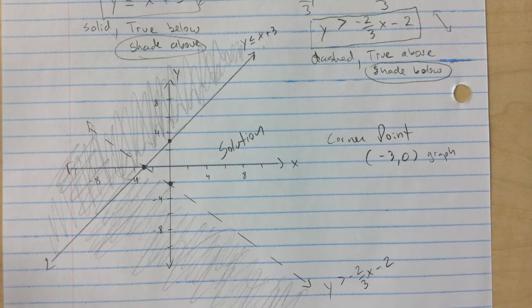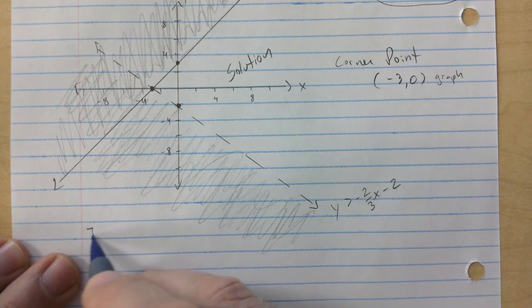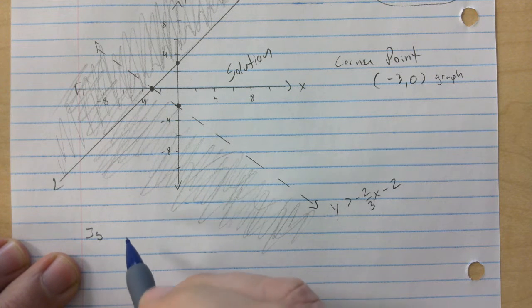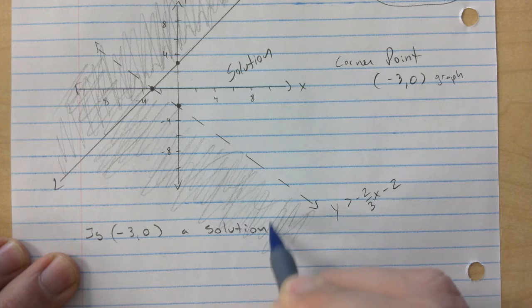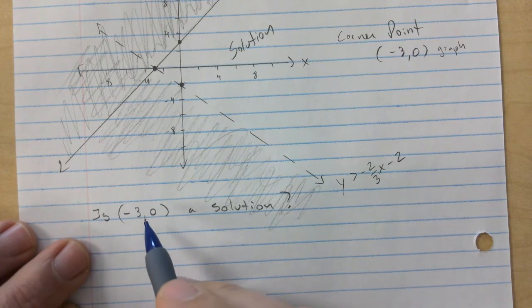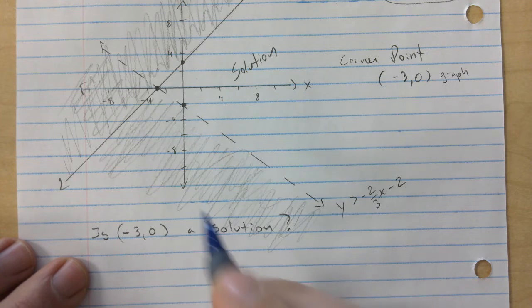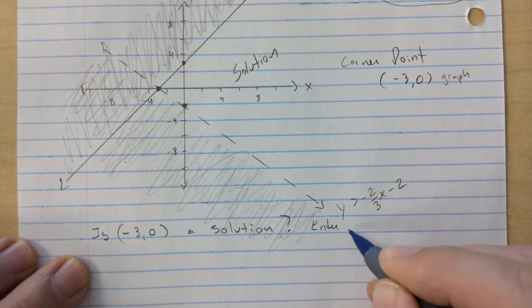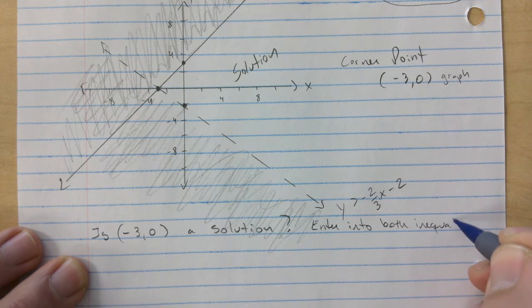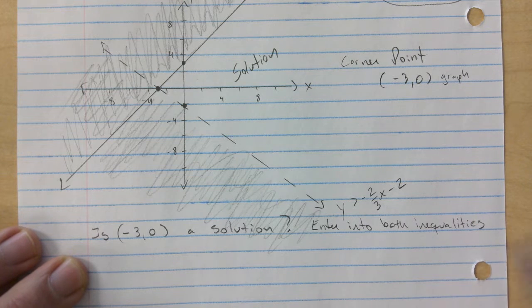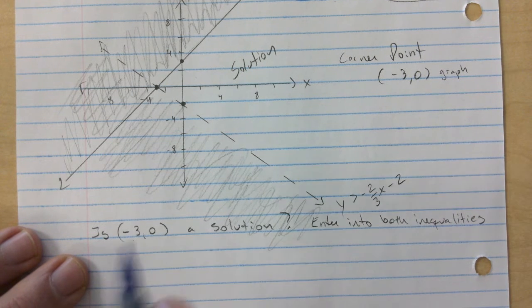Okay, and now we need to answer the question if those points are part of the solution, right? So let's answer that here. Is -3, 0 a solution? So you enter this into both of them up there. Enter into both inequalities. As many as there are involved. If there are 3 inequalities, you have to enter this into all 3 inequalities.